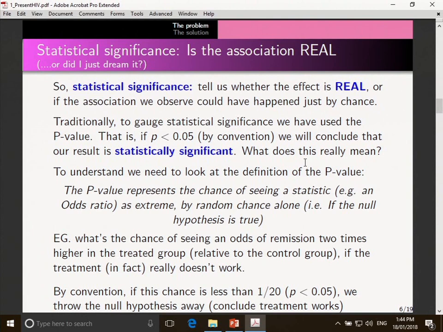What's the chance? If it's very unlikely, we throw away the assumption that the treatment doesn't work. We reject the null hypothesis. Okay? So, by convention, if this chance is less than a 1 in 20 chance, the null hypothesis, we can't keep it anymore. We have to throw it away. Okay, and that's that idea of rejecting the null hypothesis.